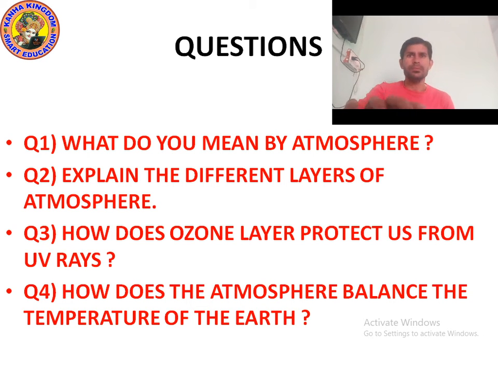Okay, question number two. Explain the different layers of atmosphere. There are five layers of atmosphere: troposphere, stratosphere, mesosphere, thermosphere, exosphere. So, what is troposphere?